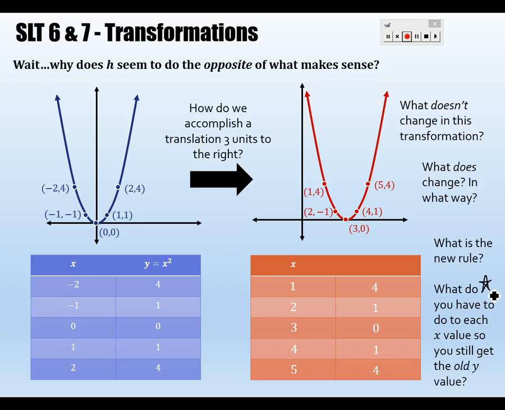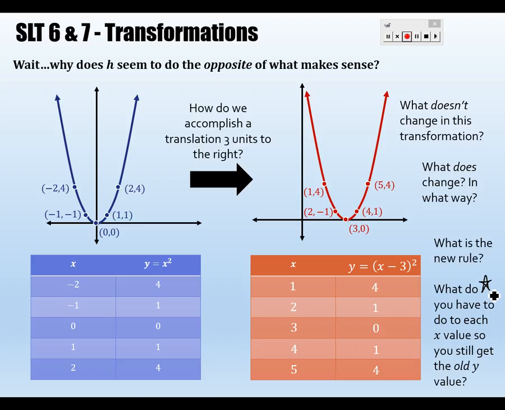What I need 1 to do is to act like -2, don't I? And what I need 2 to do is to act like -1. So each of these values needs to act like the value 3 less than it, yes? So it's pretty clear to me that the rule needs to be that.